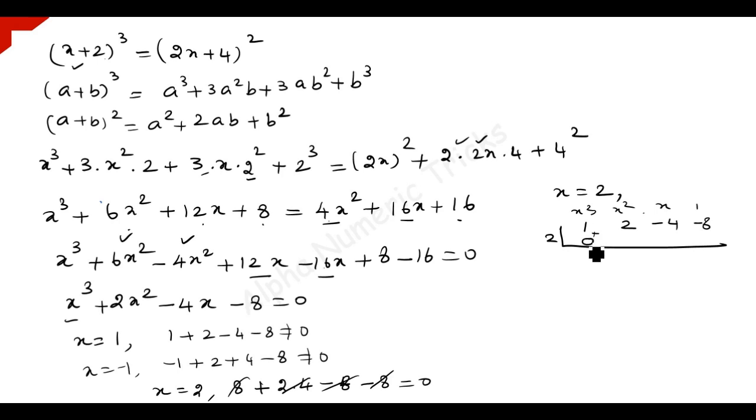Add these two numbers, 1 plus 0 is 1, and multiply and write it here, 2 times 1 is 2. So here you add, it is 4, and 2 times 4 is 8. Write it here. You add these two, and here you have 8 minus 4 is plus 4, and 2 times 4 you multiply and write it here. Minus 8 plus 8 becomes 0.